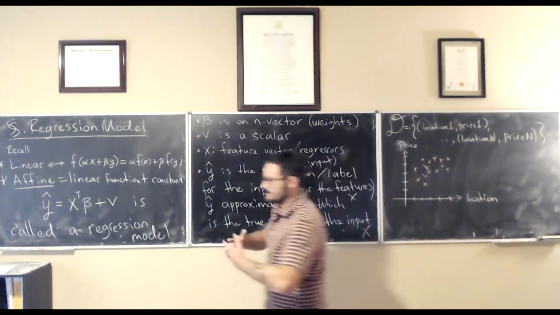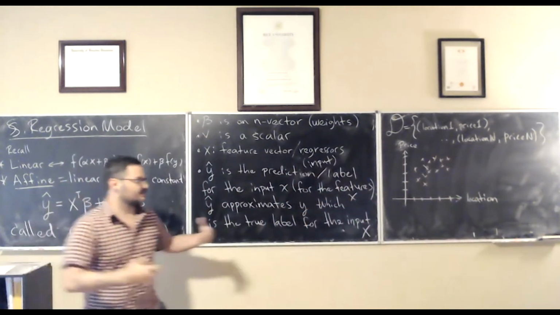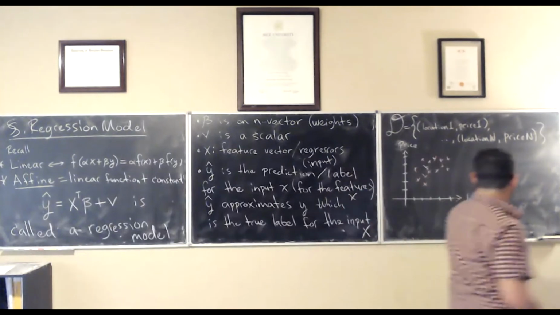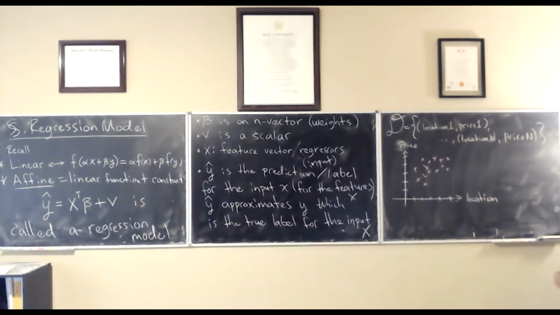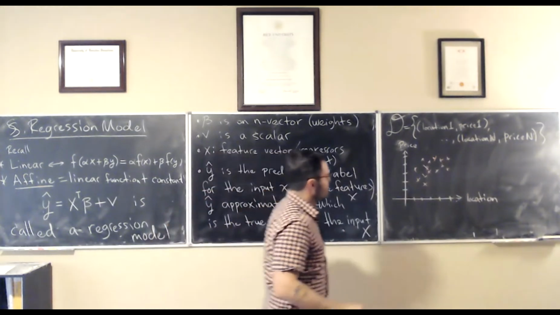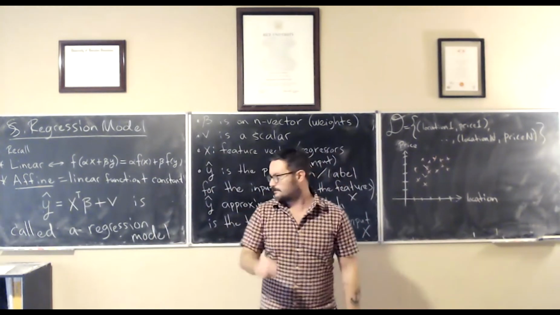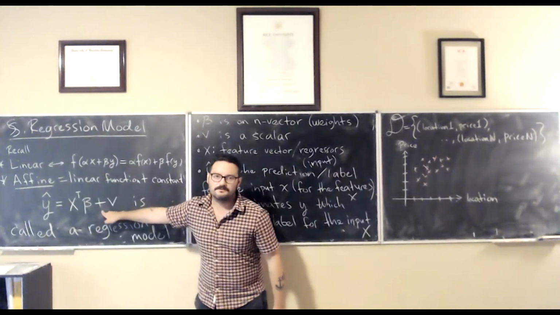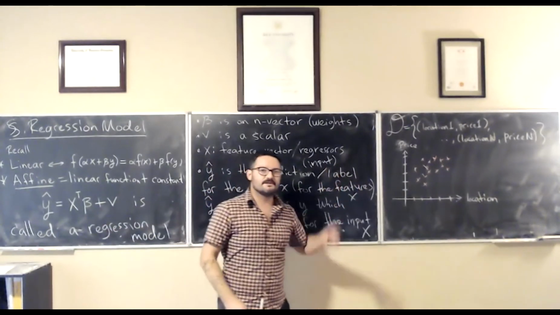And we want to use this data to predict on something that isn't in there. Well, how can we do that? Well, one way is to use this data and to find an affine function that approximates the data.